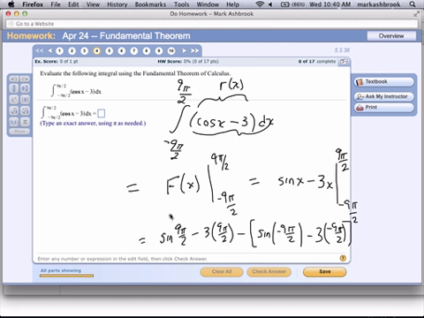So this is 1. And it looks like we got minus 3 and then minus, minus, minus. So we're going to have 2 of these. We're going to minus 3 times 9 pi over 2, and then minus 3 minuses make 2 of these, so it's really going to be minus 3 times 9 pi.